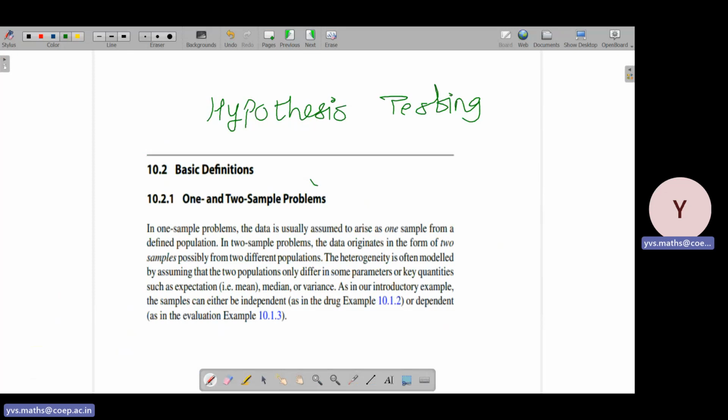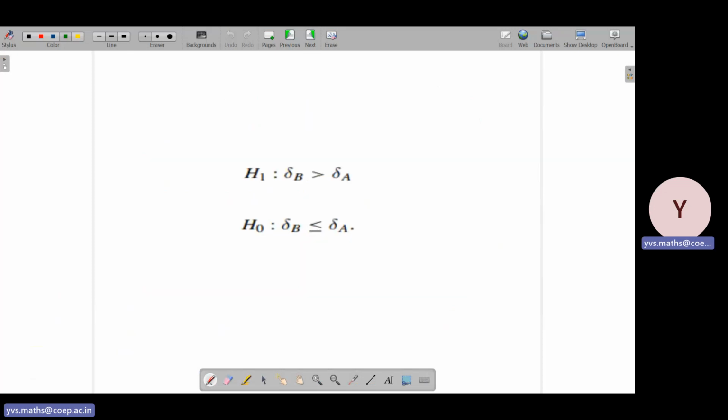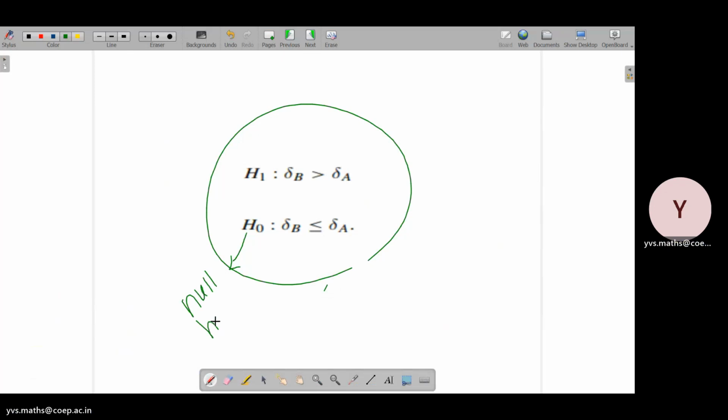Let us first cover a few basics regarding testing of hypothesis. Now there is H1 and H0. H0 is the notation that we'll use for the null hypothesis, and H1 is the notation we will use for the alternative hypothesis.